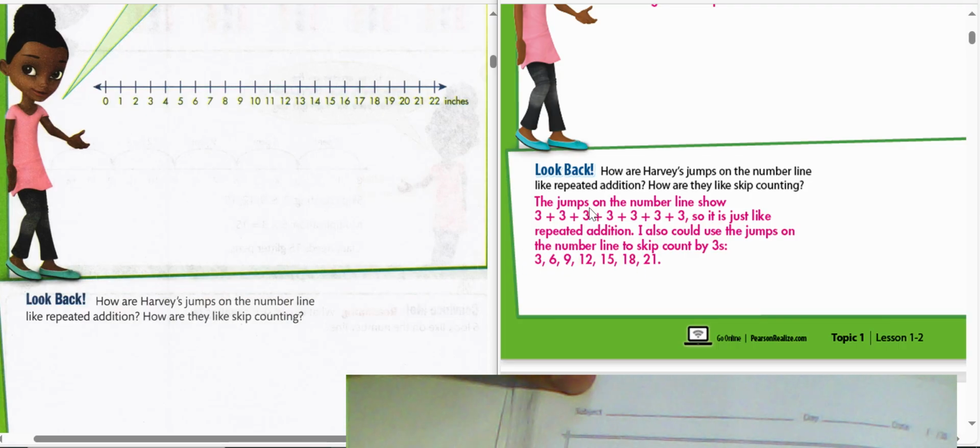Repeated addition: 3 plus 3 plus 3 plus 3, it will be 3 times 7, because 3 is added 7 times. So it's just like repeated addition. I also could use the jumps on the number line to skip count by 3. 3, 6, 9, 12, 15, 18, 21.